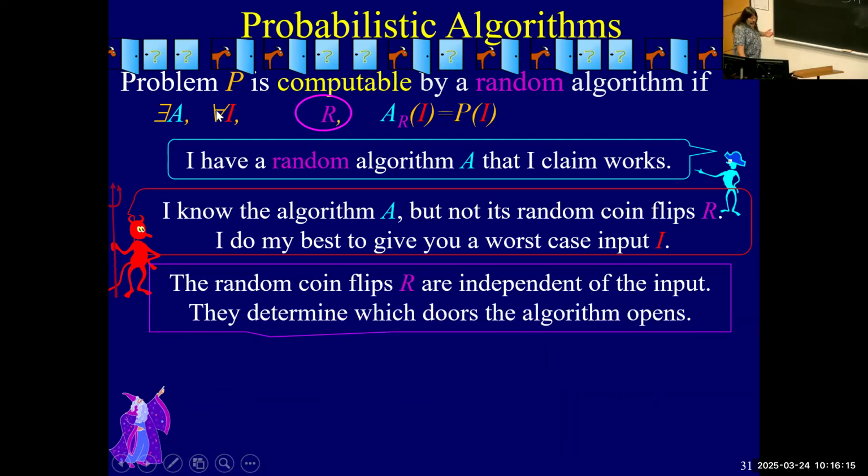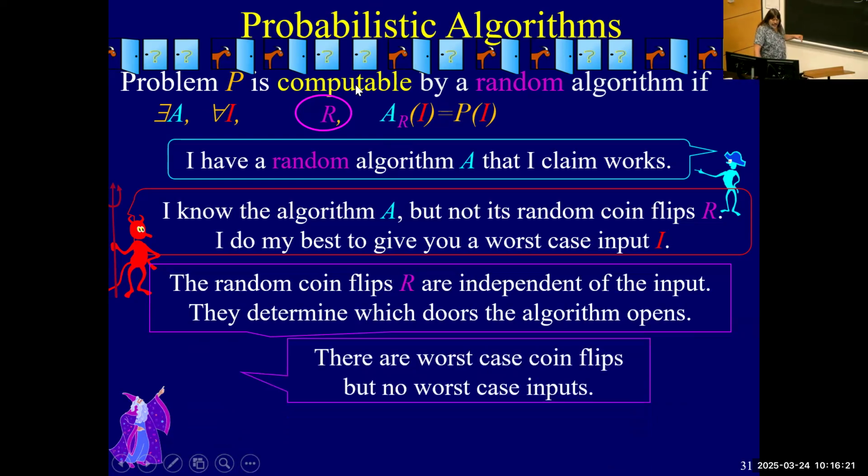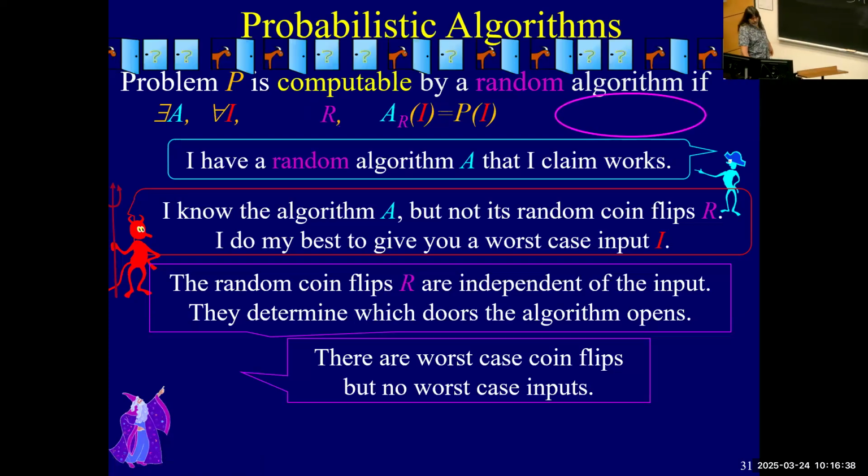And then the coin flips, of course, determine which doors are opened. Now they're no longer worst case inputs about where to put the prizes. They're worst case coin flips. Given that we know where the prizes are, they're bad coin flips, but not bad inputs.